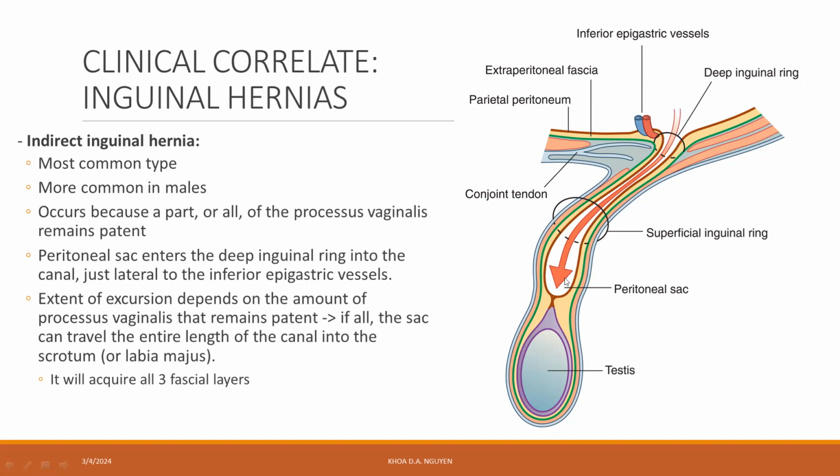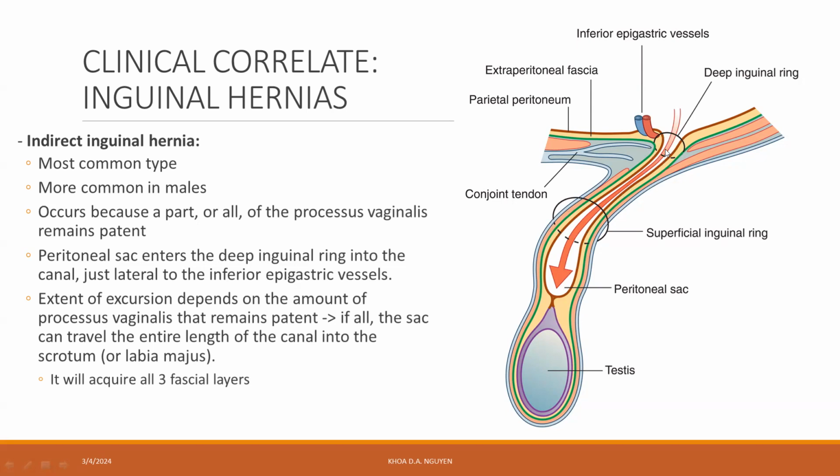Okay, and this peritoneal sac can contain loops of bowel or no. It really depends on the situation, but what is important here is for you to realize that in order for this peritoneal sac to get into the scrotum, it has to use the deep inguinal ring first and go through the canal, go through the superficial inguinal ring as well. So indirect inguinal hernia, it will use the deep inguinal ring to get into the scrotum. All right, so the indirect inguinal hernia, deep ring is going to be used.